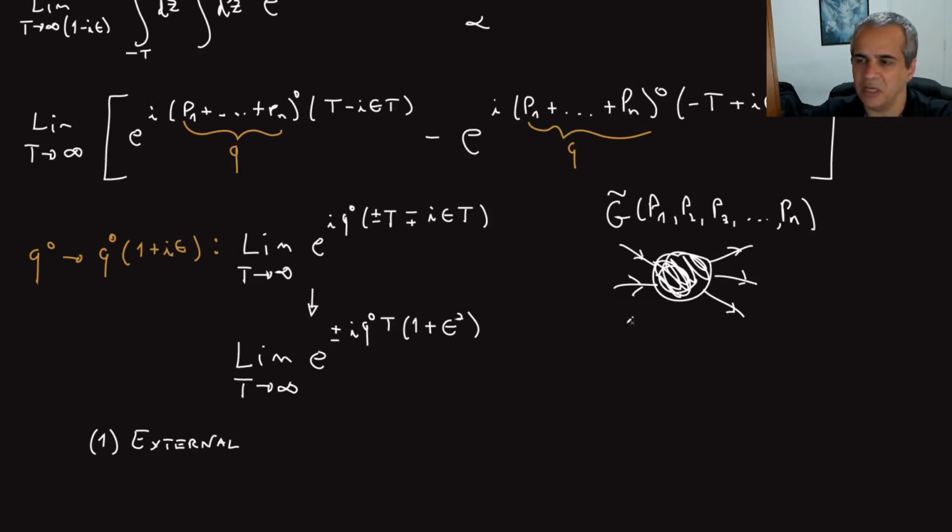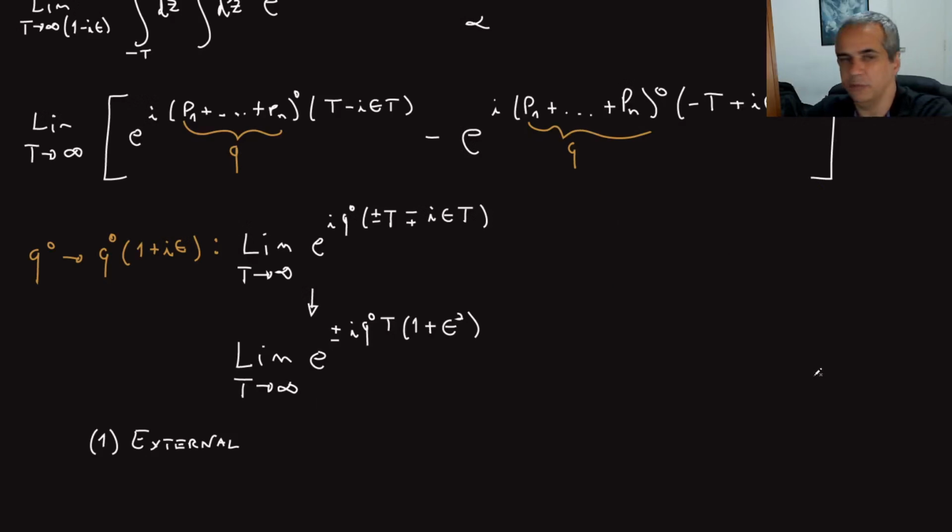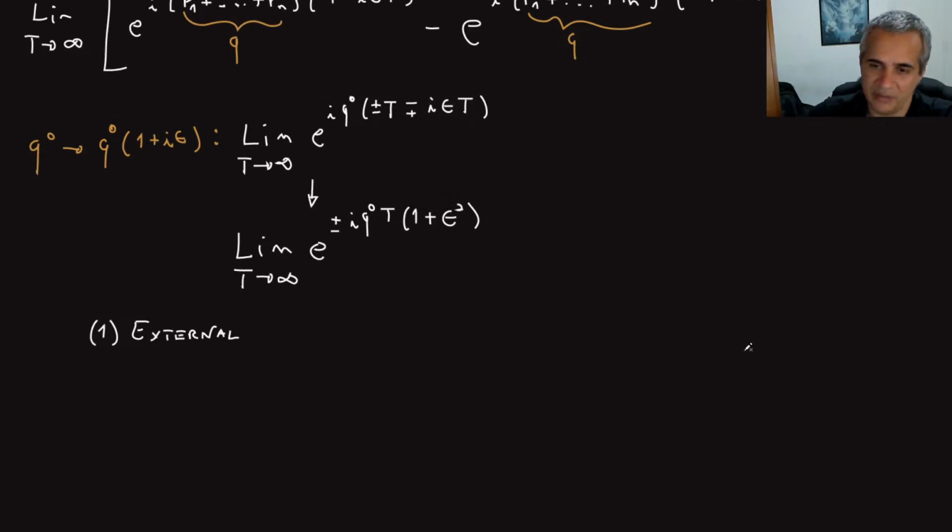I can do that and take the limit of epsilon going to zero in the end. For this I have no issue. After integration, I go back to epsilon equals 0. But I have some internal momenta too, that can show up in the exponentials. In this case, where do they come from?